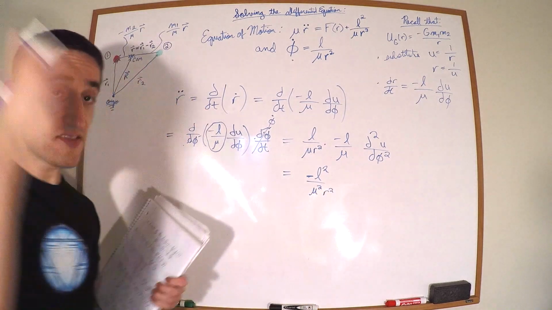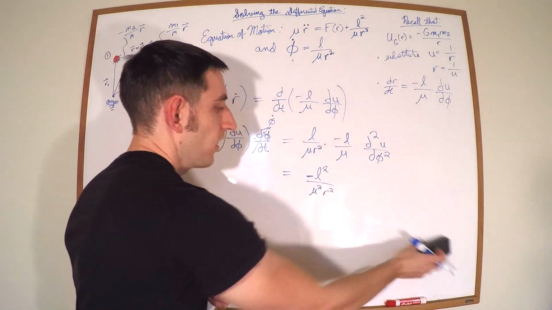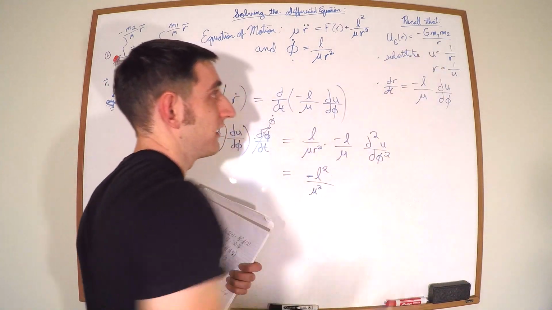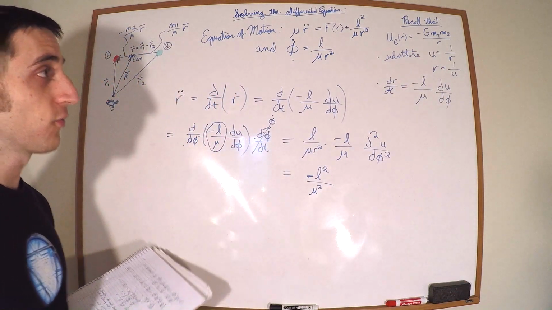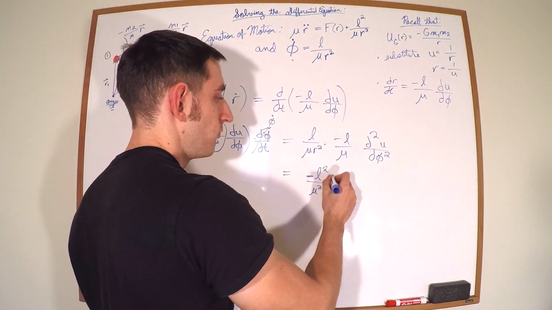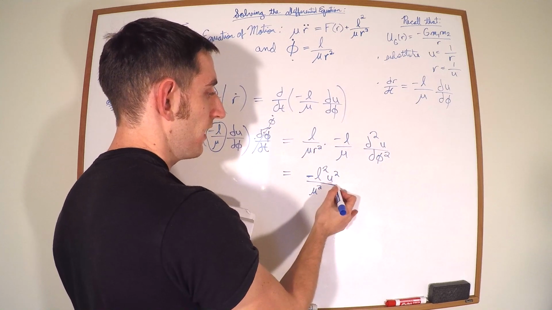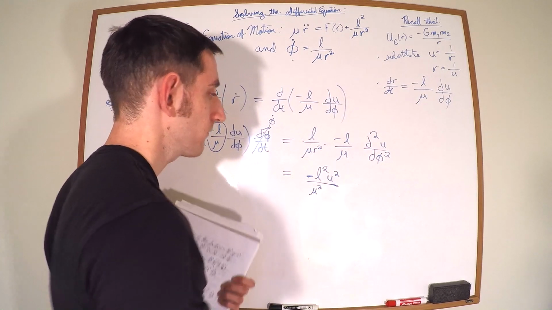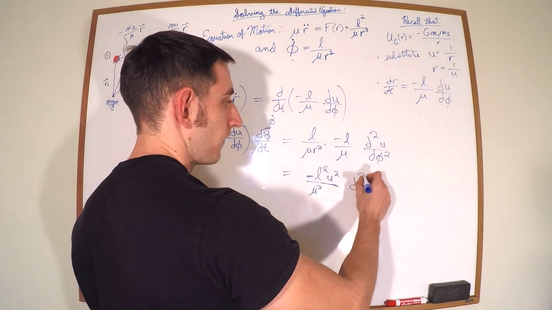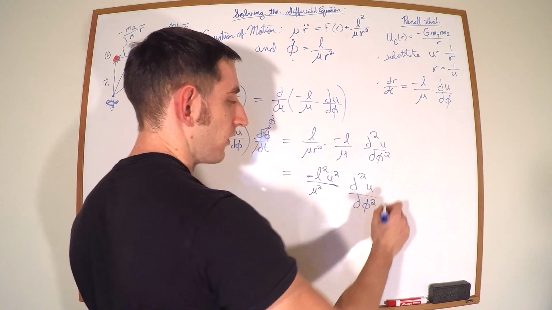Now, the reason why I was hesitating was because we could take this r squared and say, I can look at here, 1 over r squared is u squared. So we can pop that u up there like that. And then we can get our second derivative as follows.